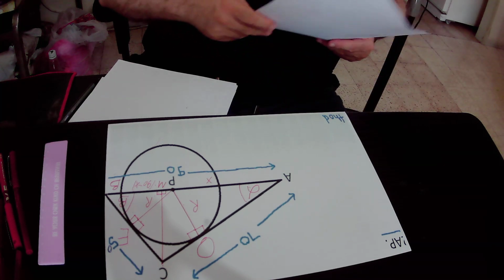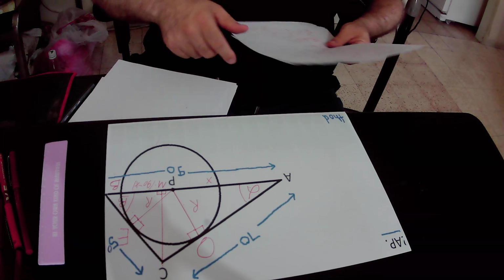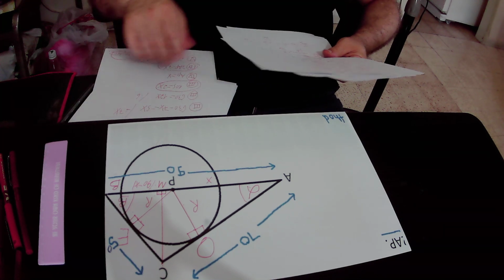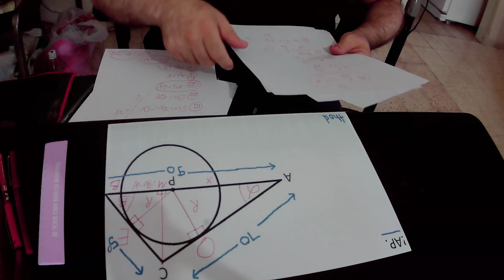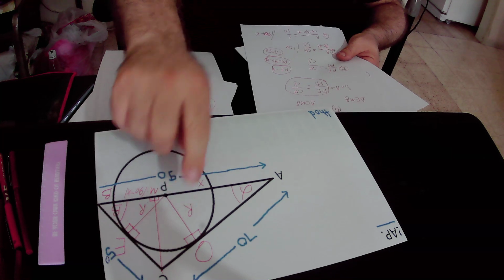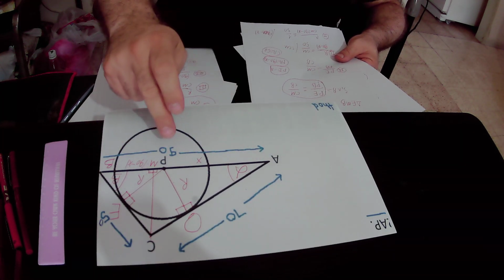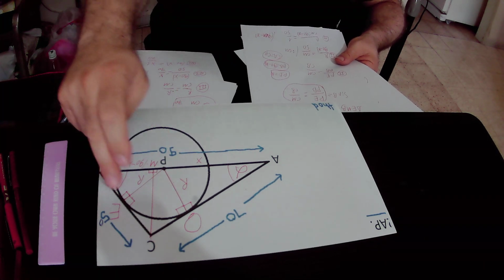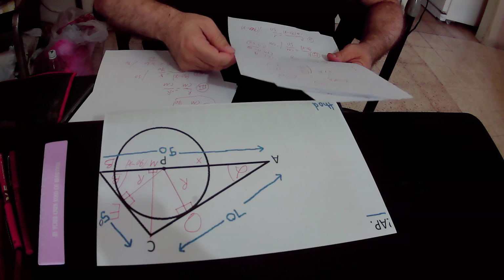Actually, we wanted to find out the value of 2 times AP, and we have here triangle ABC. Side AC of the triangle is 70 units, side AB is 90 units, and side CB of the triangle is 50 units. It is given in the question.